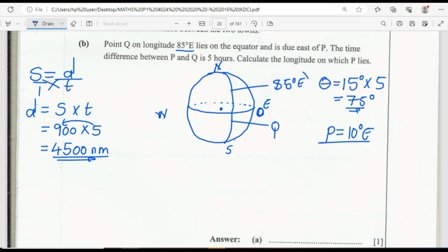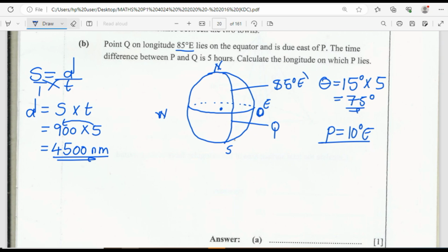So the difference that we have is less than 85. To find this one, you just have to subtract. For you to subtract, you need to have longitude on the same side. So what you just have to do is say 85 minus 75. That is where the 10 is coming from.